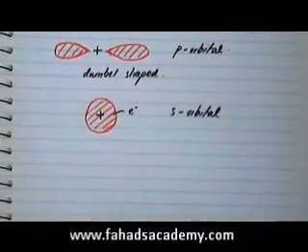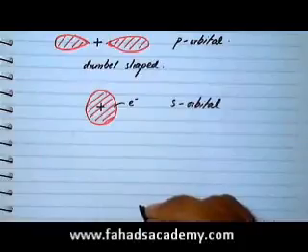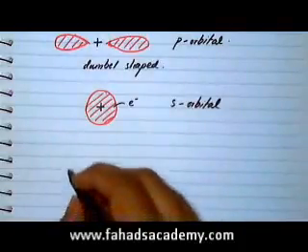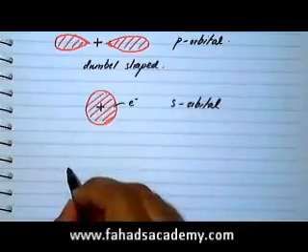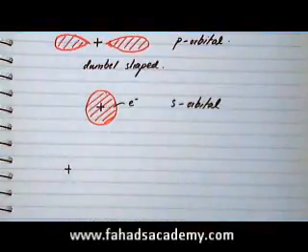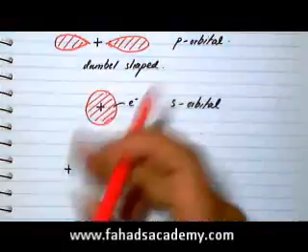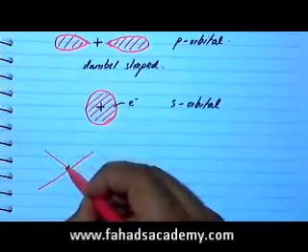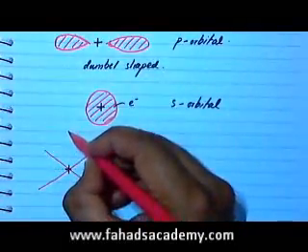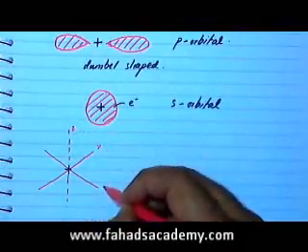Similarly, there are other regions around the nucleus, some of which are called d orbitals. I will quickly draw the shape of the d orbitals. d orbitals are not in the syllabus, so you don't need to remember what the shape looks like. Let's say this is the x-axis, this is the y-axis, and this over here is the z-axis.